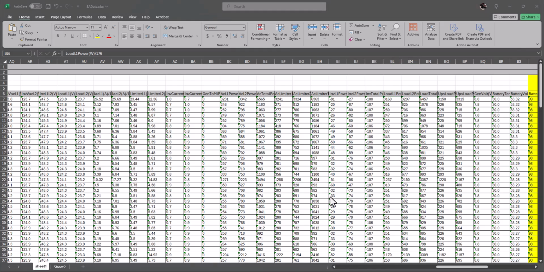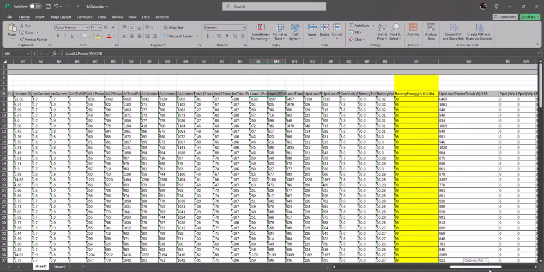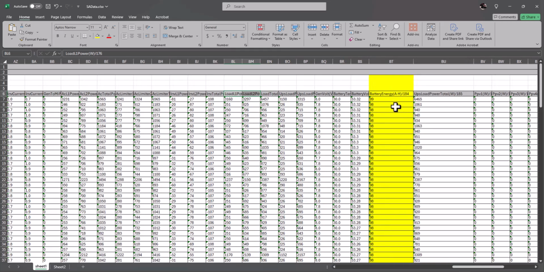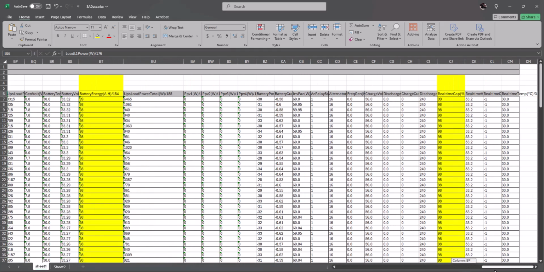So anyway, using the battery state of charge here, even though this is marked battery energy in amp hours, because I'm measuring my battery and state of charge internal to the Sol Ark, it reports it as state of charge rather than amp hours. You'll see that in this setting over here, I also have real-time capacity, and that also is state of charge.